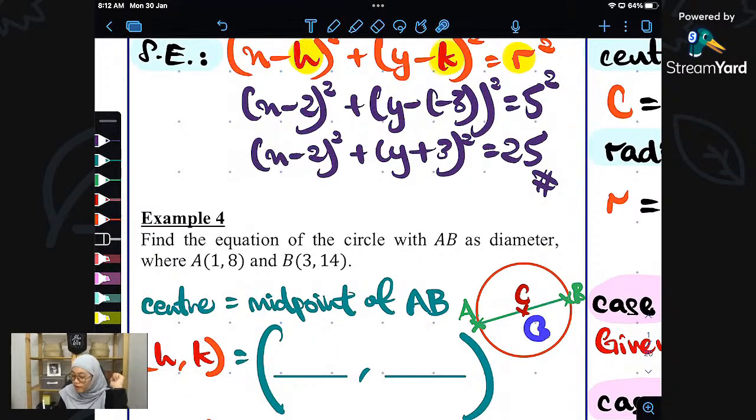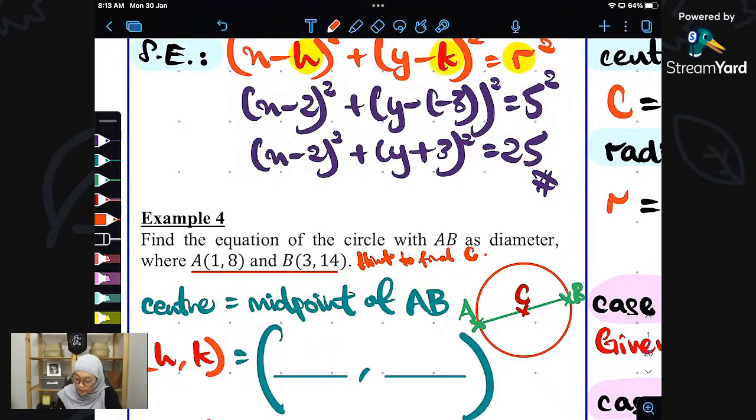So the center here is very important. And so we got to know what the center value is. This question is not giving us the center, but it gives us a hint of these 2 points. These 2 points are a hint to find what? To find the center.